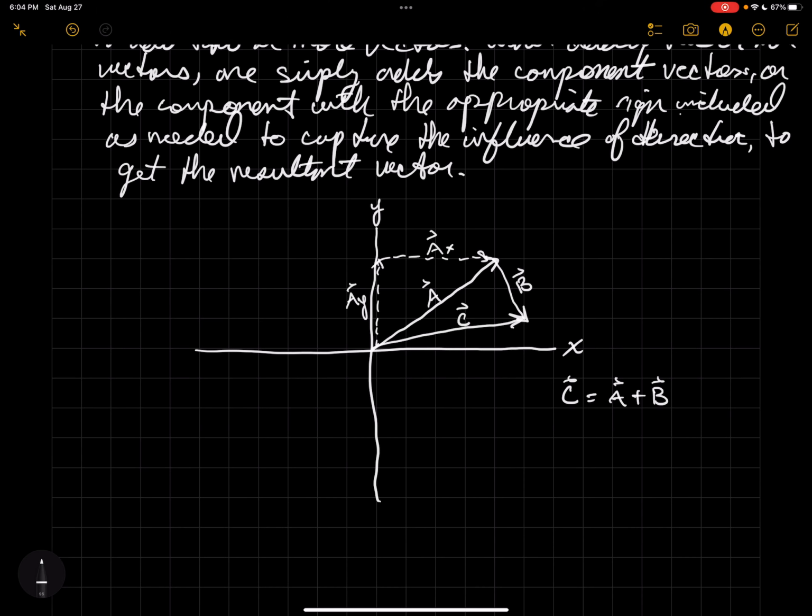And likewise, we have vector BX and vector BY.